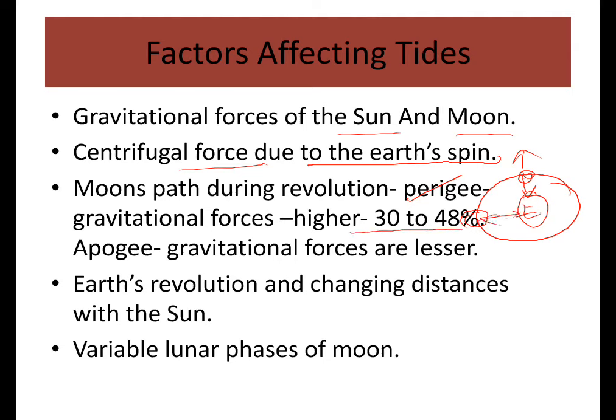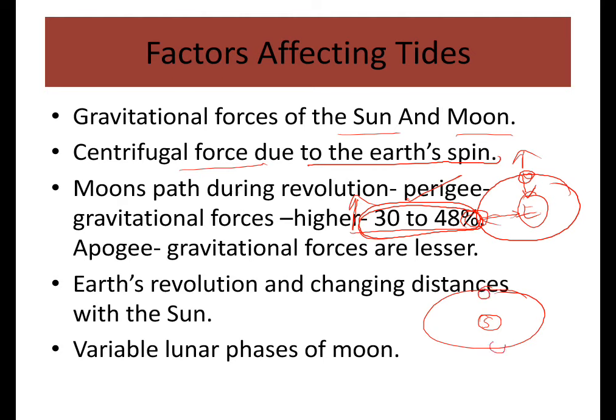During the perigee period, the gravitational force is 32 to 48% higher than at the apogee position. Then there is the earth's revolution and changing distance from the sun. Suppose this is the sun, and the earth is revolving around the sun.